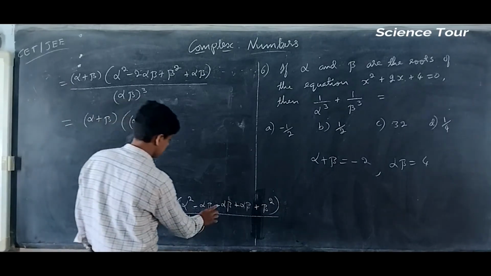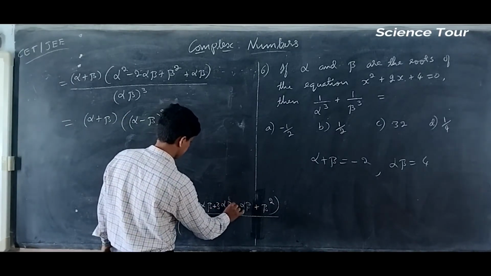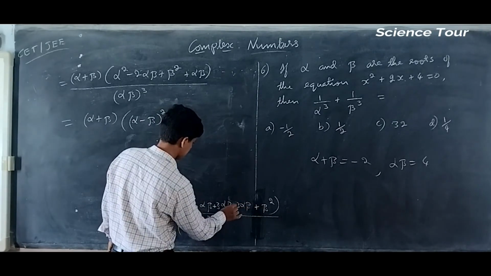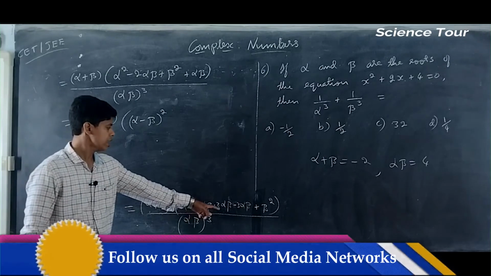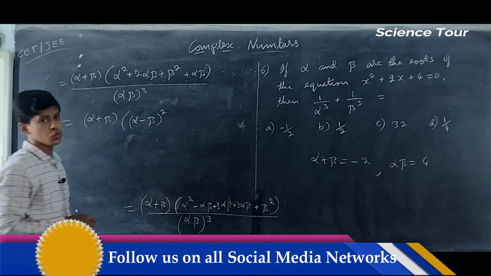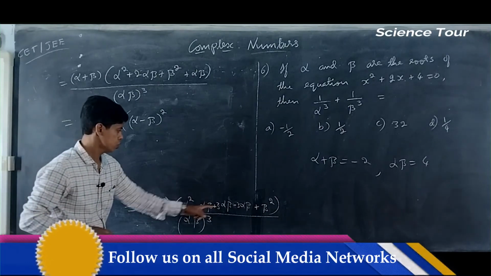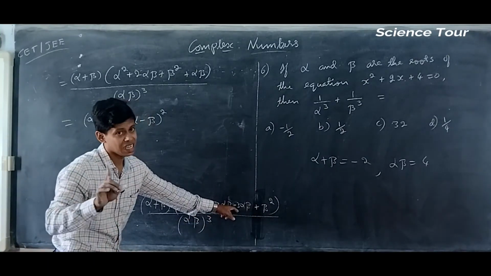So what you have to do is add 3 and subtract 3. If you add 3, then that will be plus 2, and then minus 3 as it is.